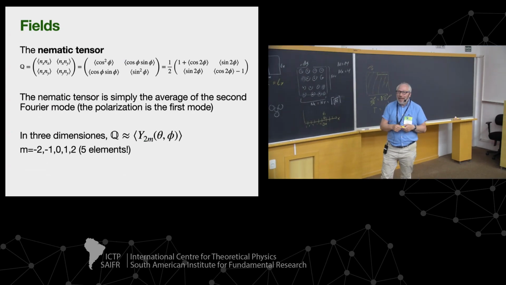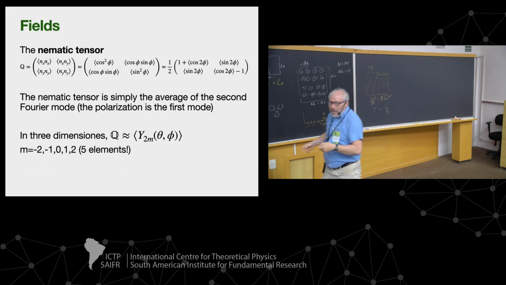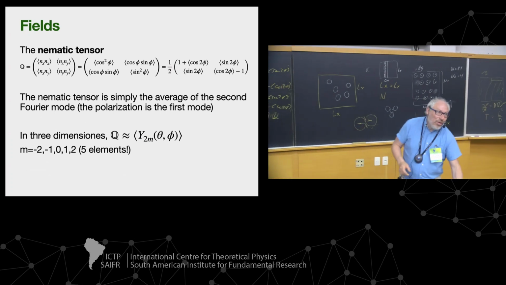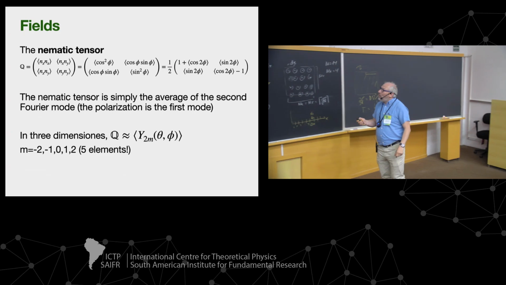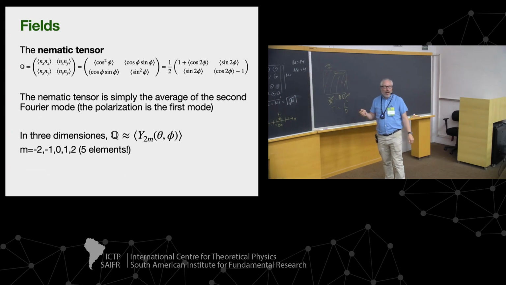Yeah? So now if you move to 3 dimensions, it's the same thing, but you don't work with the Fourier modes, you work with the spherical harmonics. So the Q tensor essentially are the averages of the spherical harmonics of second order. Yes, because it's a nematic one. And now with different m's.